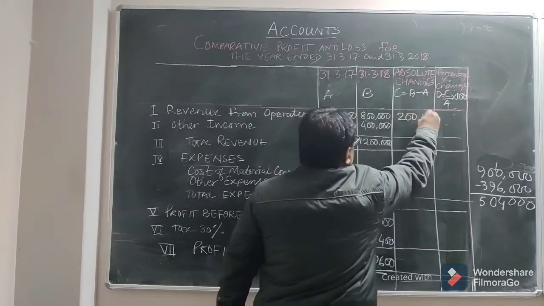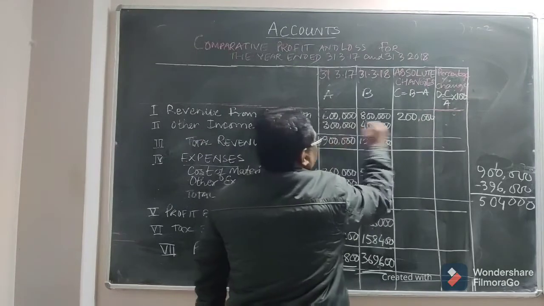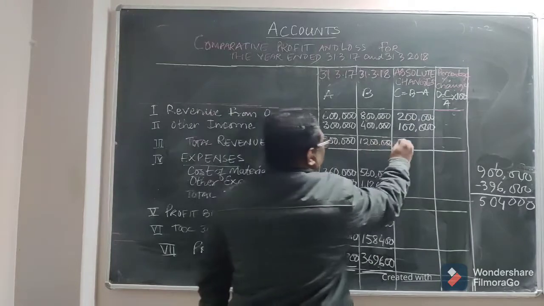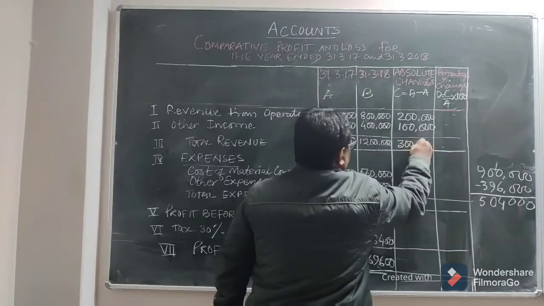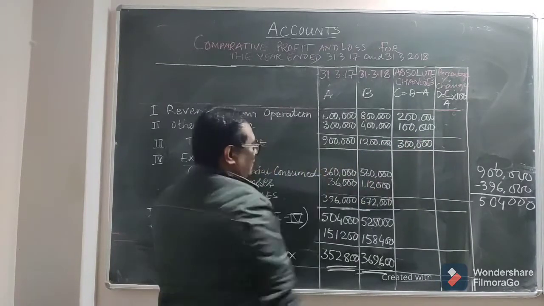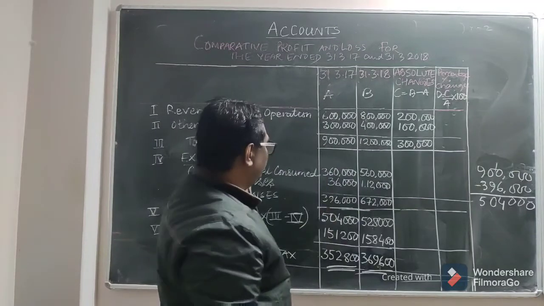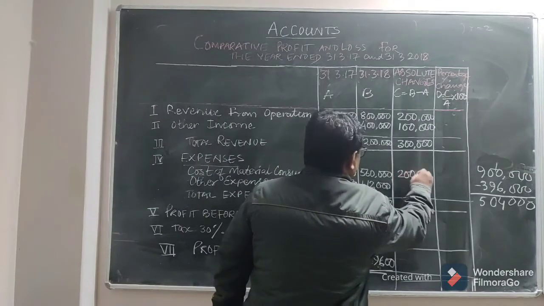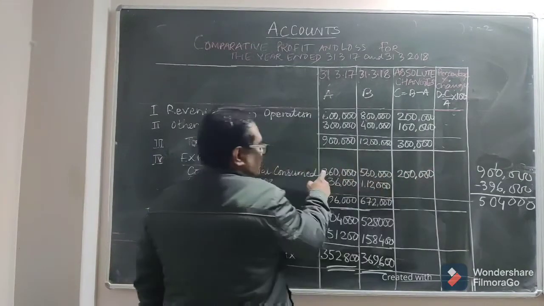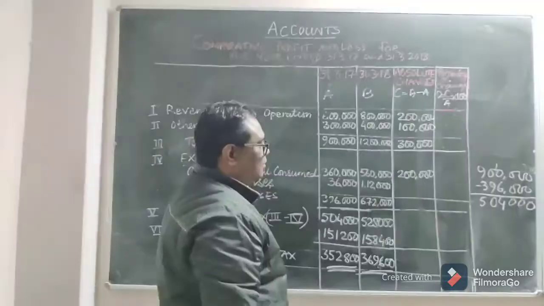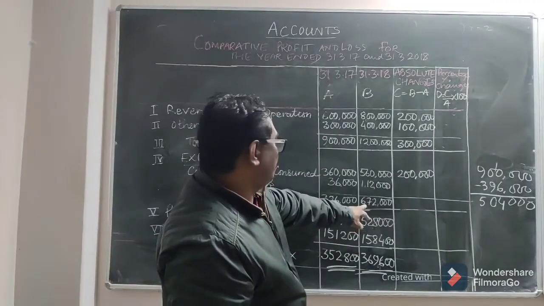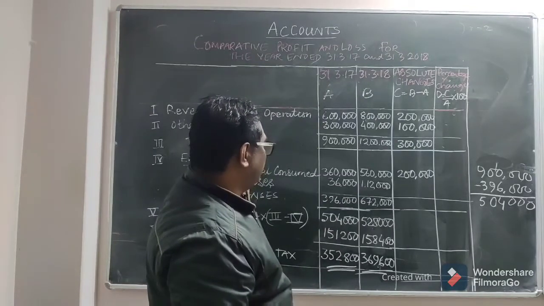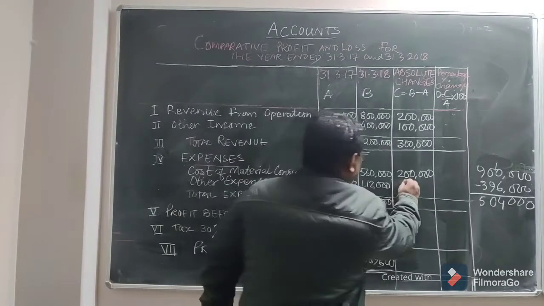Next, 4 lakh minus 3 lakh is 1 lakh. 12 lakh minus 9 lakh is 3 lakhs. 5,60,000 minus 3,60,000 is 2 lakhs. 5,06,000 minus 3,06,000 is 2 lakhs, and 1,12,000 minus 36,000 is 76,000.